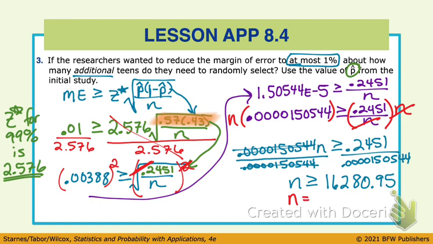So n would be 16,281. But that's the total. And so we need to know how many additional teens do they need to randomly select. They had 910.